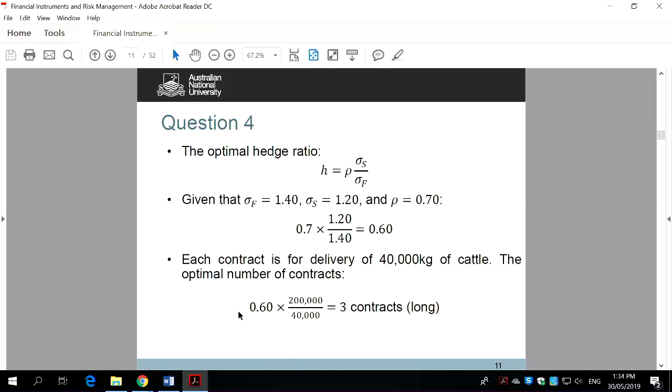But then we need a number of contracts that's slightly less than that because the optimal hedging ratio is 0.6, right? So 0.6 multiplied on that, we need to go long 3 contracts. Okay? So that's just an application of the optimal hedging ratio.